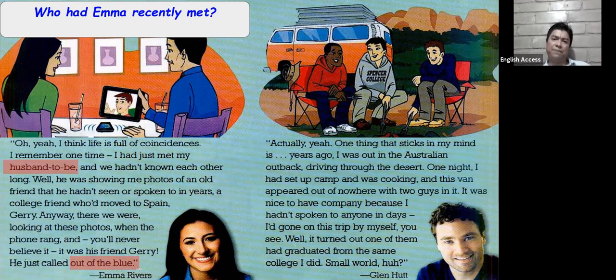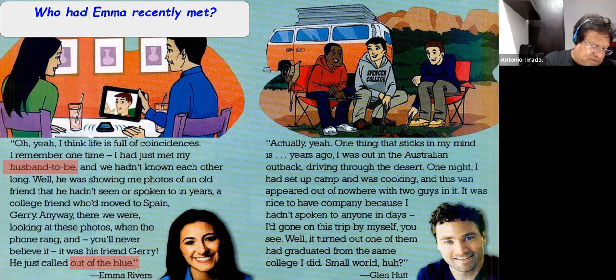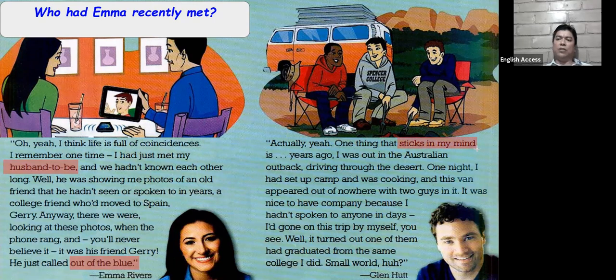Very rare. Okay. I think I have another one. Excuse me. "One thing that sticks in my mind" is something that appears, or something that is bothering me, something that is in my mind. Yes. Something that sticks in my mind is something that is always in your mind.